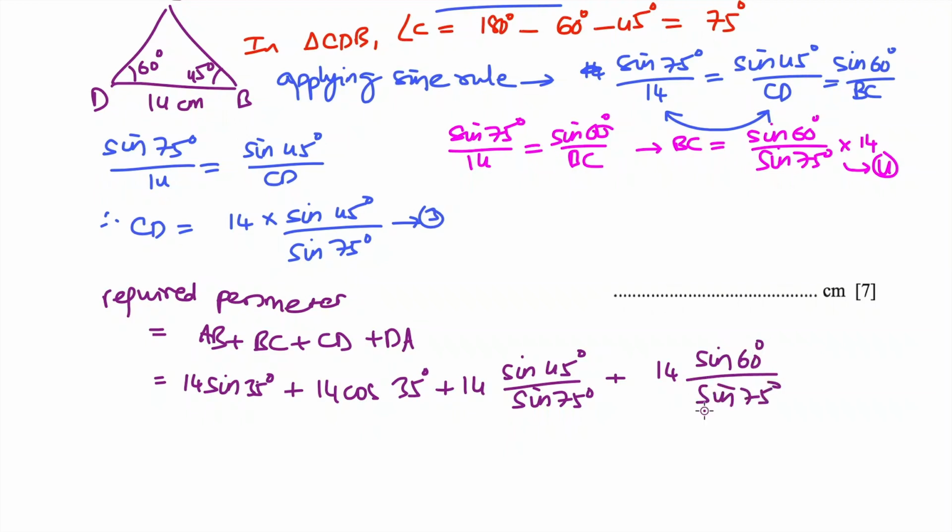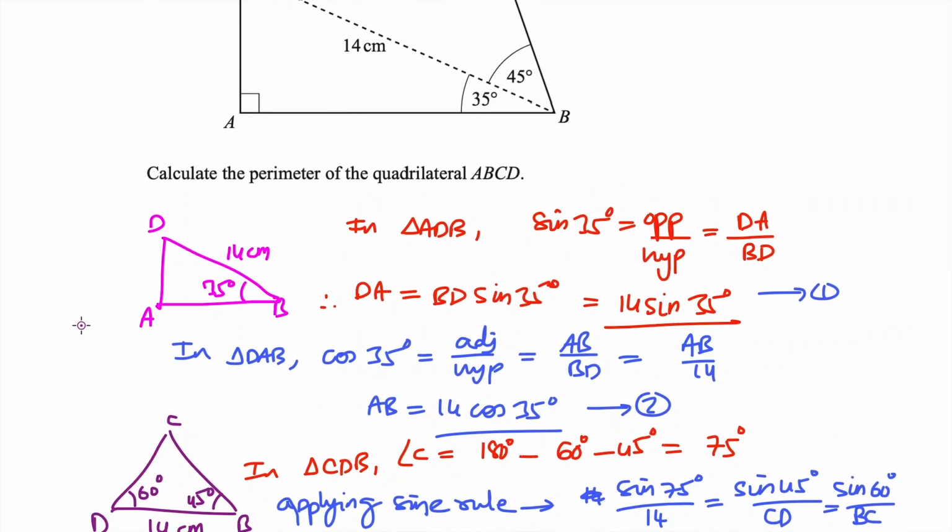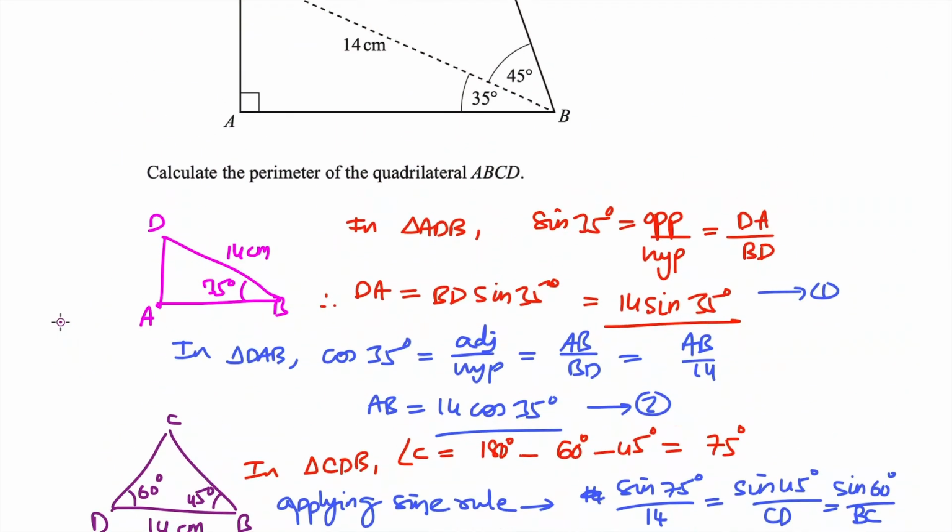Okay, so you can also calculate the individual values. If you calculate the individual values, then 14 sine 35 is equal to 8.03007 and so on. 14 cos 35 is equal to 11.468128 and so on.